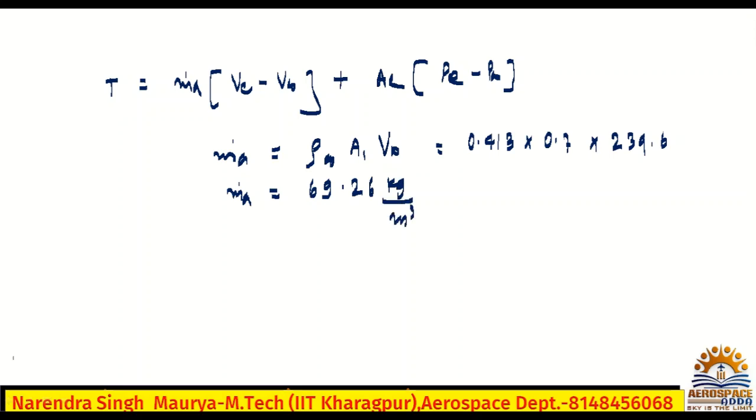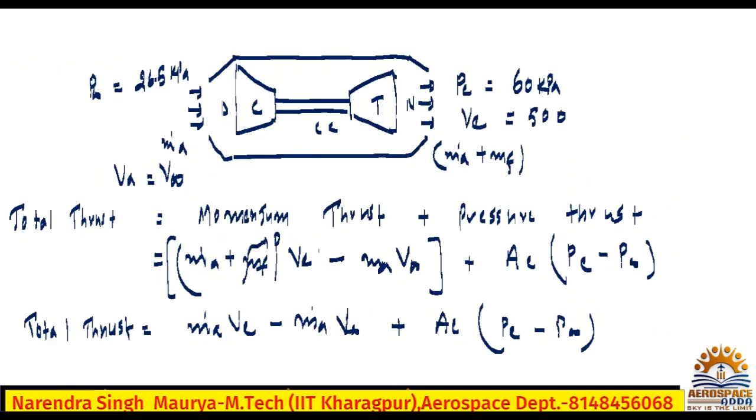Now we'll write all the values. What is the thrust? 69.26. V exit they have given, I think 500. No? They have given 500 meters per second.